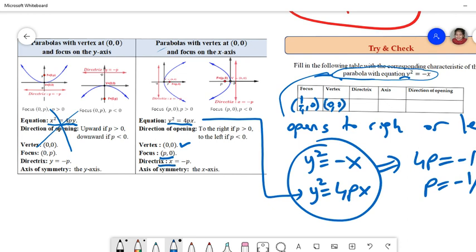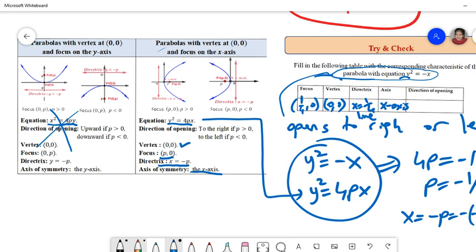And the directrix is x equal to negative p line, so it will be x equal to negative, negative 1 over 4, so x equals 1 over 4 line. And the axis of symmetry is the x-axis.